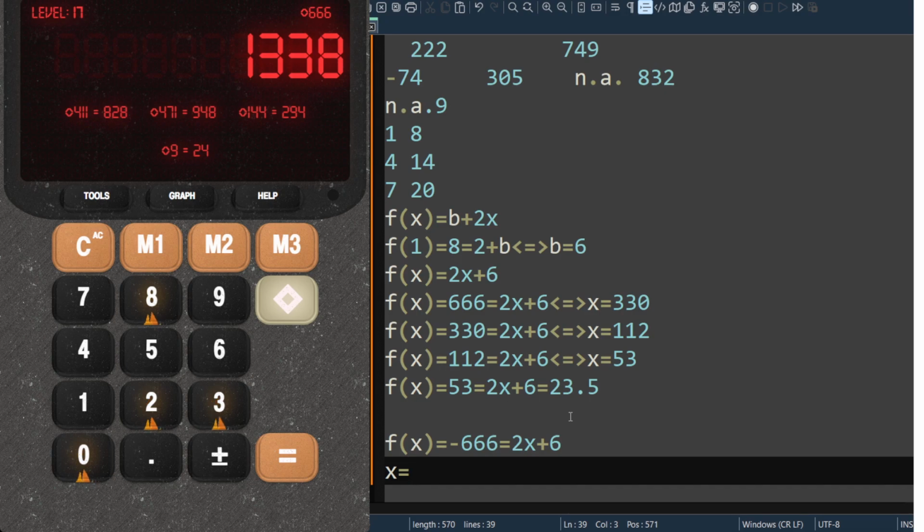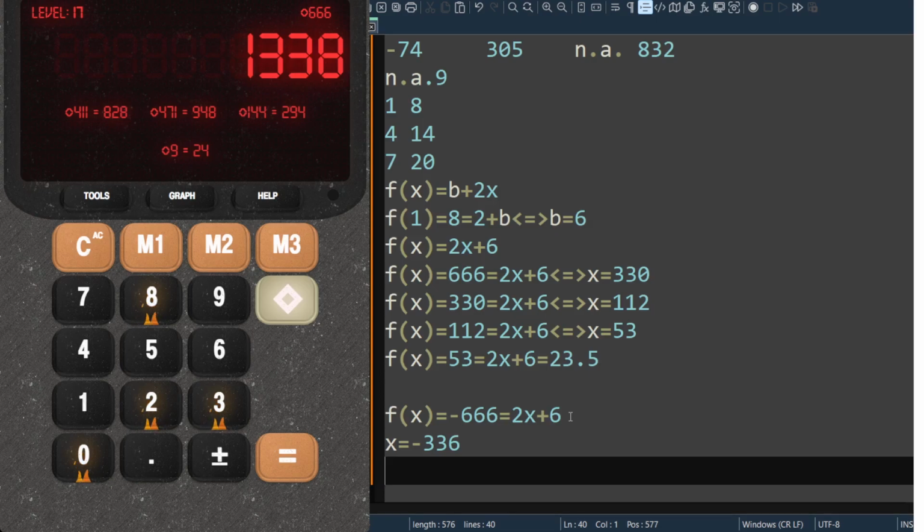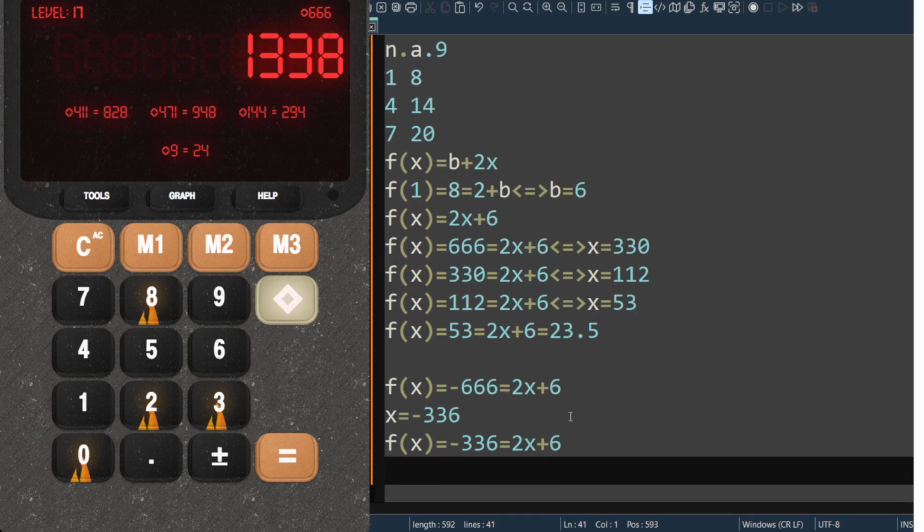Minus 672, minus 336, okay, 336, we still can't use it. f of x minus 336, 2x plus 6, x equals minus 342, divided by 2, which equals minus 171. Okay, yeah, we can work with that.